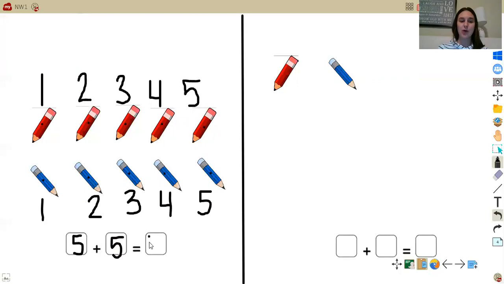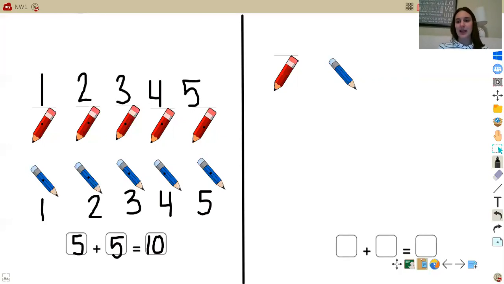So my total is 10. So I see that 5 and 5 more make 10, or 5 plus 5 equals 10.